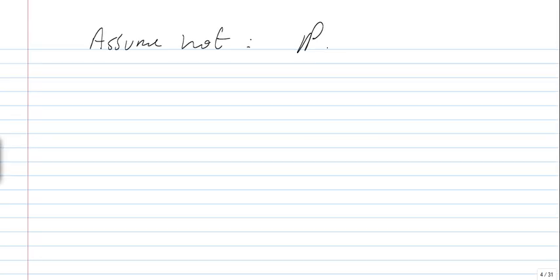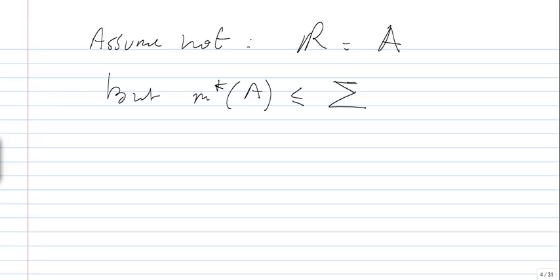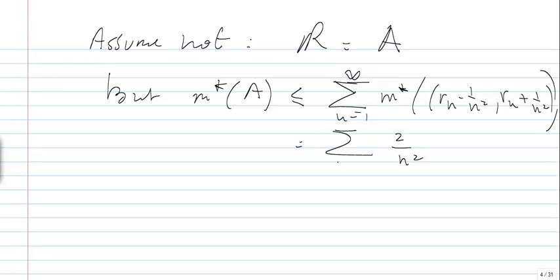Meaning that R is equal to A. But the outer measure of A, using the subadditivity of the outer measure, is less or equal than the sum of the outer measures of every interval (r_n minus 1 over n squared, r_n plus 1 over n squared), which is equal, because the outer measure of an interval is its length, to the sum of 2 over n squared, which is finite.